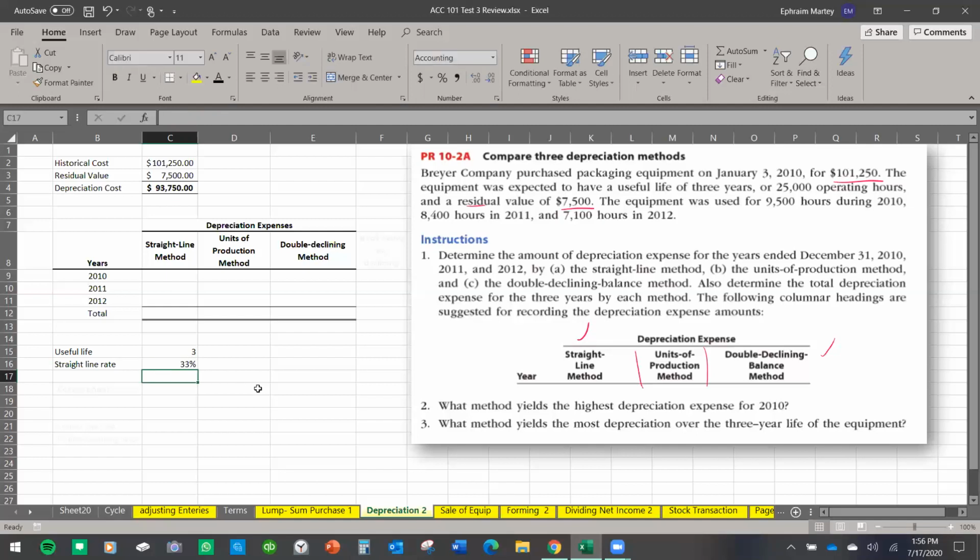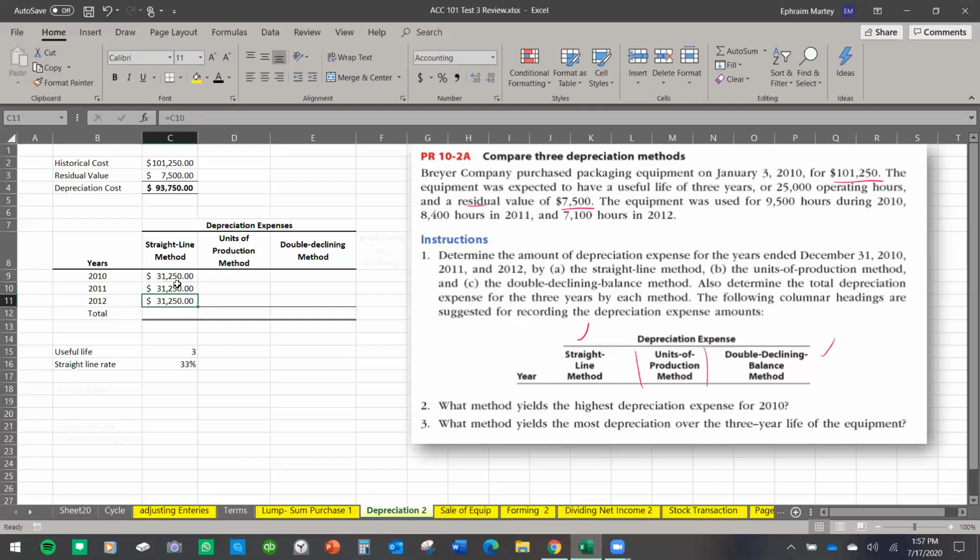So that's 33%, the same as 100% divided by 3. So each year it depreciates 33%. If we do that, we can take this 33% multiplied by the depreciation cost. So that is 31,250 for a year, and it's going to be the same each year.